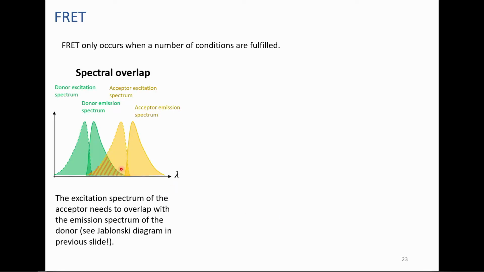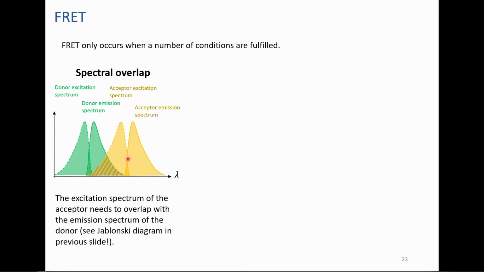One is that you need to have the donor emission spectrum, shown here by this green wing on the right. This donor emission spectrum, so the spectrum of the signal that comes from the donor if it's just excited on its own, must overlap with the excitation spectrum of the acceptor.